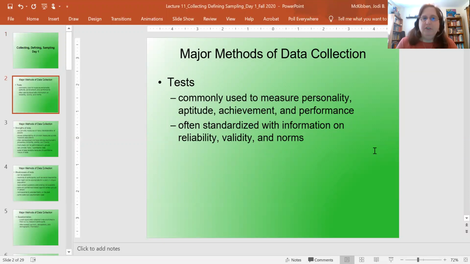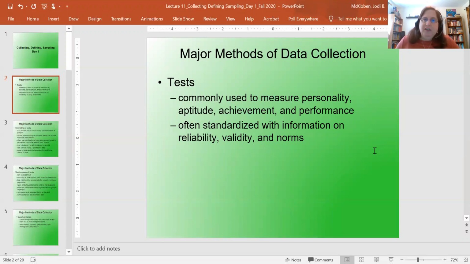Tests are commonly used to measure personality, aptitude, achievement, and performance. They're often standardized with information on reliability, validity, and norms. So I know we haven't really talked about reliability and validity yet, but in short, reliability has to do with how repeatable an item is, okay?